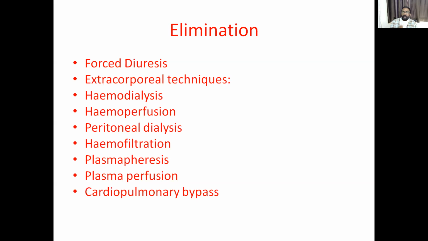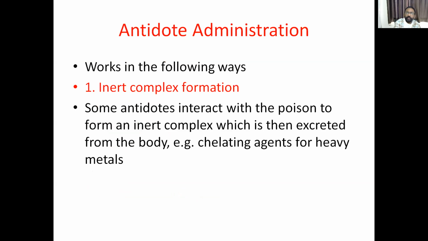Forced diuresis means you should induce diuresis by force, by giving some diuretics, to enhance the renal excretion of the poisonous material. All these methods will be used to eliminate the poisonous material.